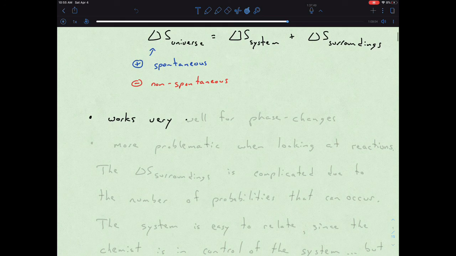This works very well for phase changes. And we discussed that in a prior lecture looking at water or ice and its ability to freeze or melt, respectively.